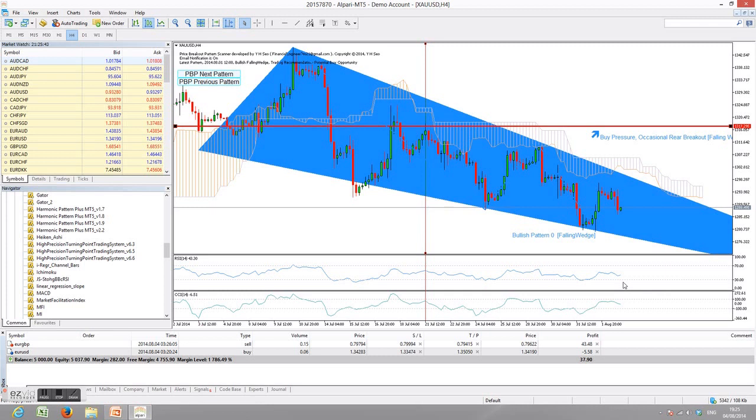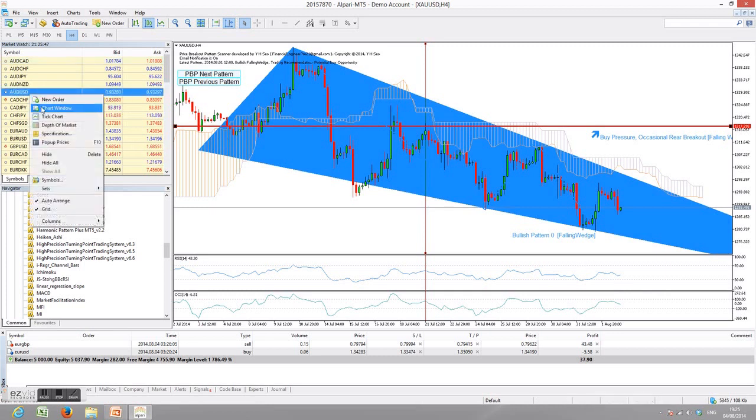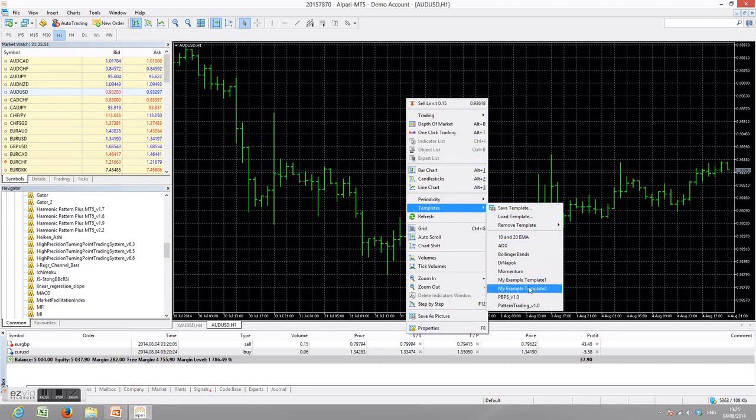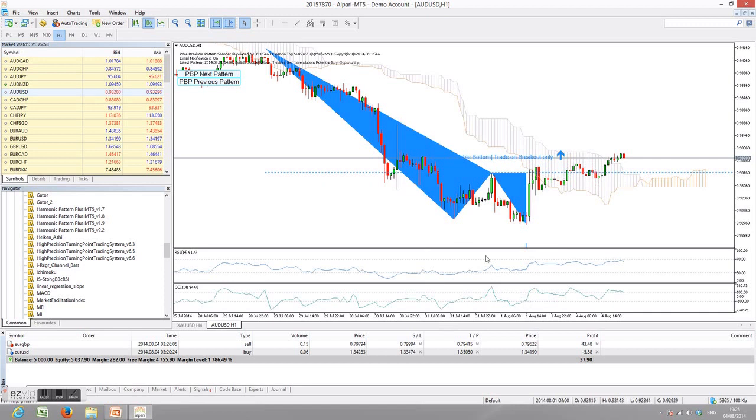You just simply open another chart, any chart, and load this preset template, and this looks better.